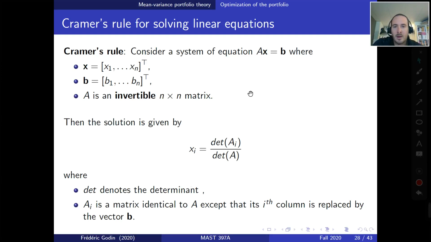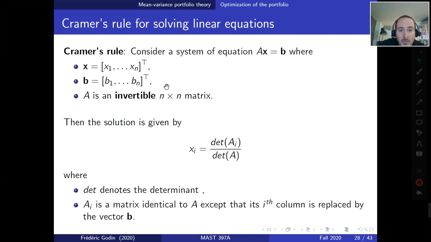So what's Cramer's rule for solving a system of linear equations? Cramer's rule says the following. If we have a system of equations of this form, Ax equals B, where we know A and B, but we're trying to find the value of x, where x is a column vector of n elements, B is a column vector of n elements, and A is an invertible n by n matrix.